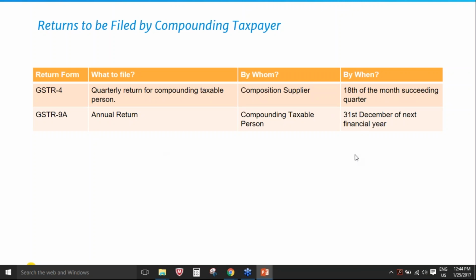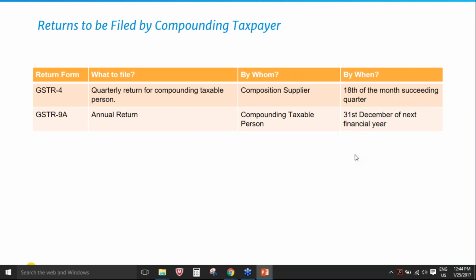That is what I was referring to: e-commerce has not been covered anywhere so far, but GST is trying to address this for the first time, and that is why these definitions have been included under GST law. If you go by the definition of an aggregator, Uber, Ola, and all these marketplaces who are carrying out activities on a brand name basis will definitely be required to collect tax at source and file their GST.